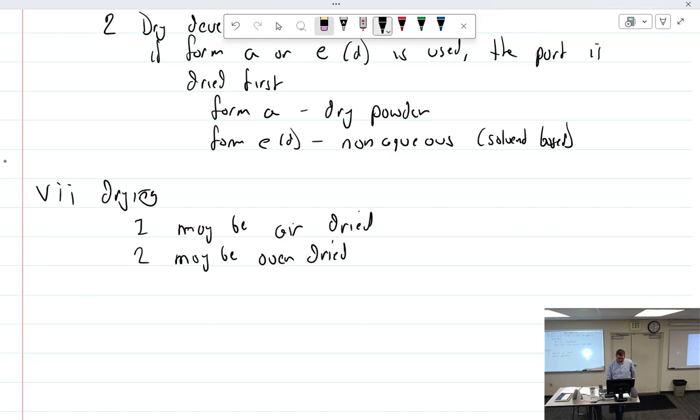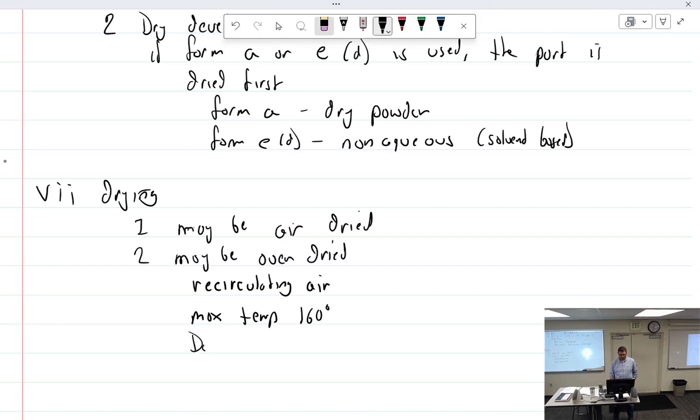But if you're going to use an oven, we want recirculating air at 160 degrees. That's max temp, 160 degrees. What's minimum? Well, if you can air dry it, minimum would be anything.